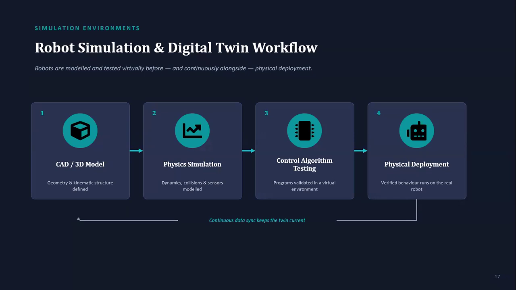So these are the main information that are being tested in simulation software. Once verified, the program is transferred directly to the physical robot. This digital twin approach minimizes the development time, reduces cost, improves safety, and enhances overall system performance.